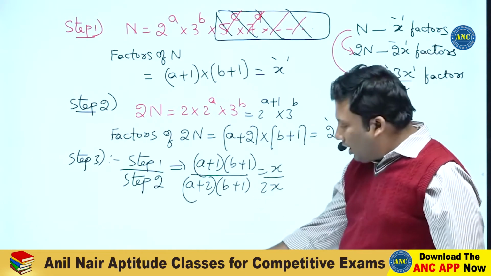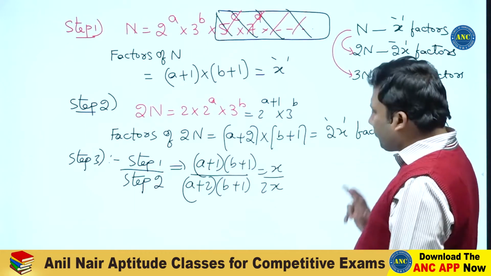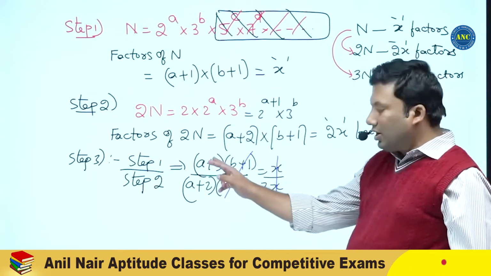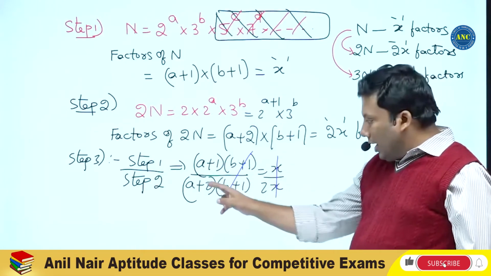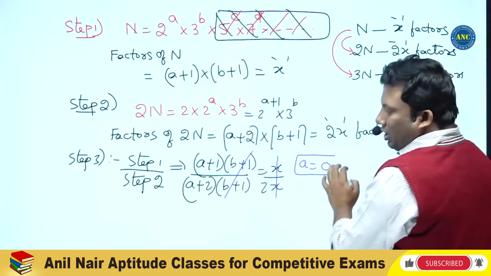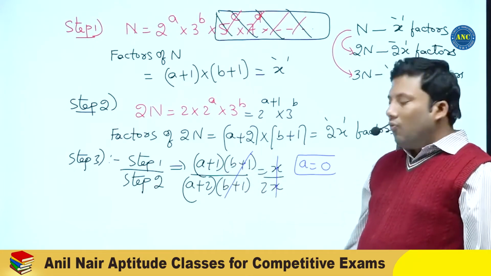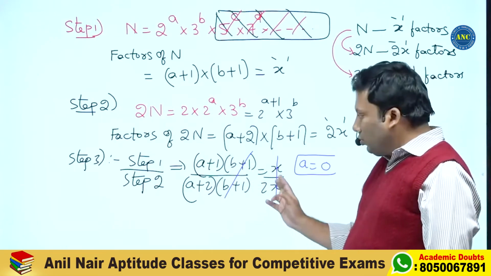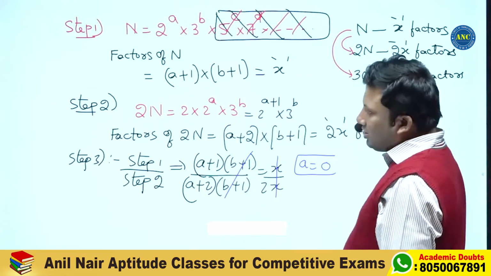Are you all with me? Now if you observe carefully, b plus 1 cancels, x cancels, a plus 1 is 1, a plus 2 is 2. Cross multiply: 2a plus 2 equals a plus 2, so a is 0.